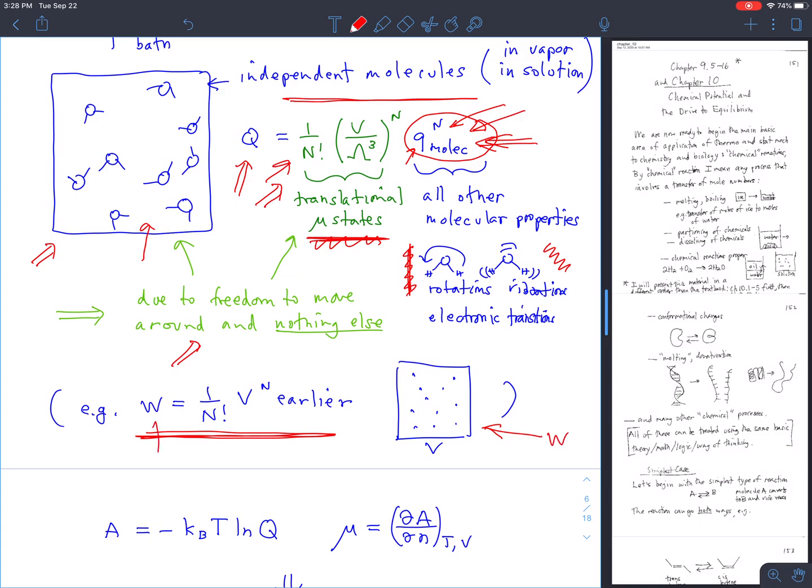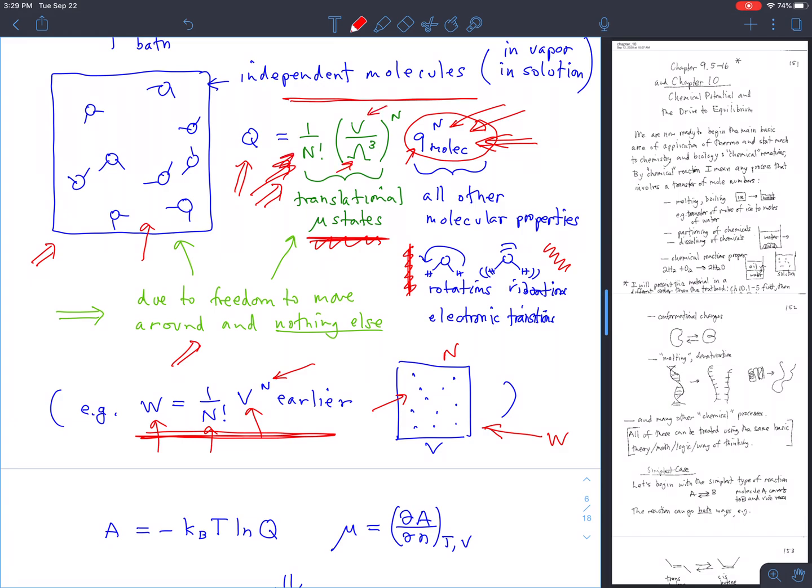We saw that W, the number of microstates available to a box full of structureless particles, is equal to the volume of the box to the power of the number of molecules in the box divided by n factorial. And you can see that that's very close to what we have up here.